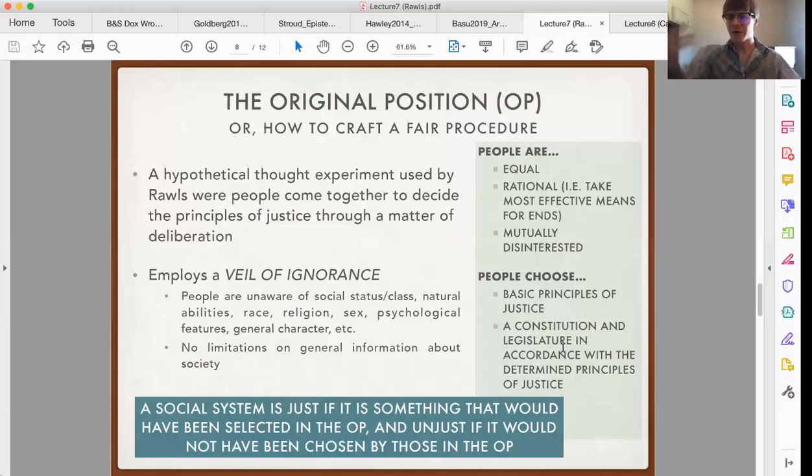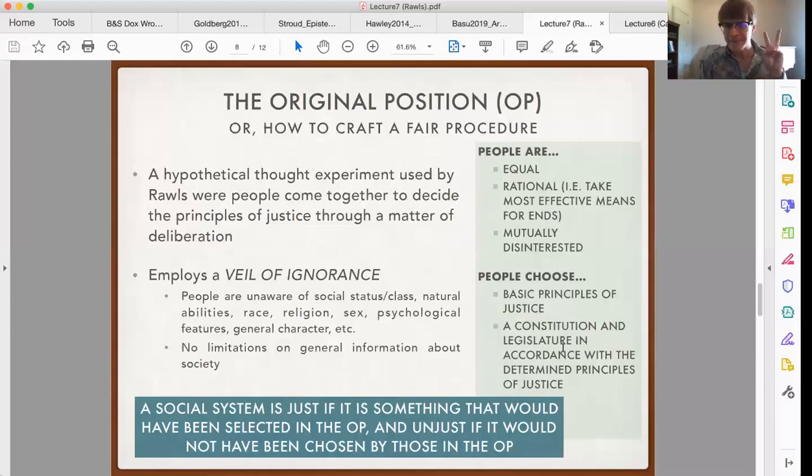So if we were to come up with all of these policies without the veil of ignorance, then we would write a constitution that would benefit ourselves. But given that we don't know anything about ourselves, we have to think, well, what if I were one of the poorest people? I wouldn't want to be that badly off. So we need to make society such that there are lots of structures to help the poor, rather than a society where there is not that kind of structure.